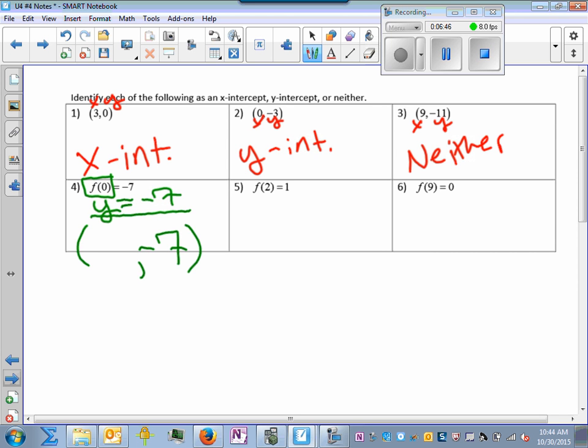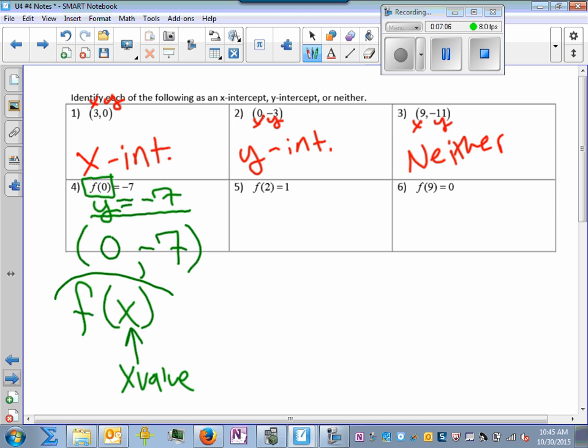So, what is inside my parentheses? What value is that? 0. But what is it? It's my x. Because remember, it's f of x. Write this somewhere. X value is here. The whole thing is your y value.